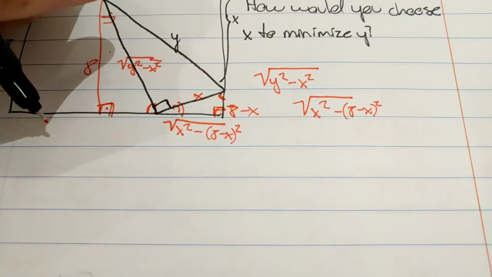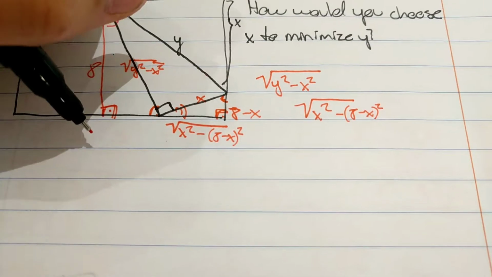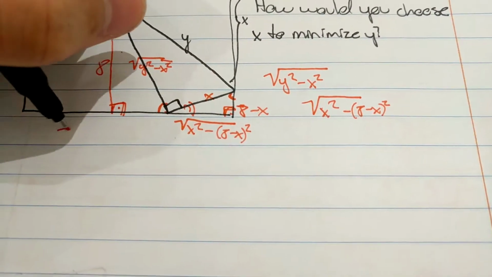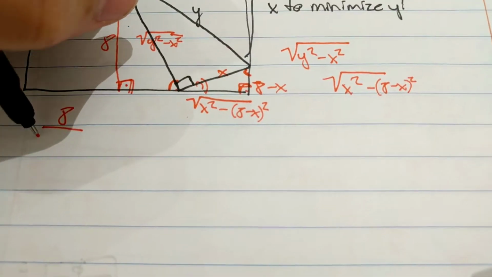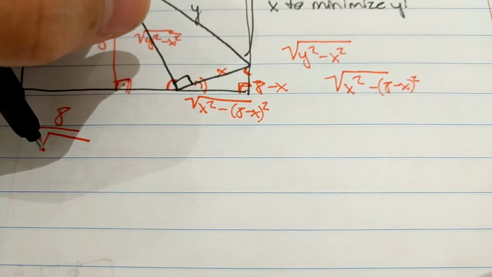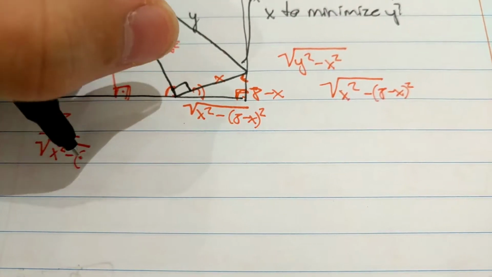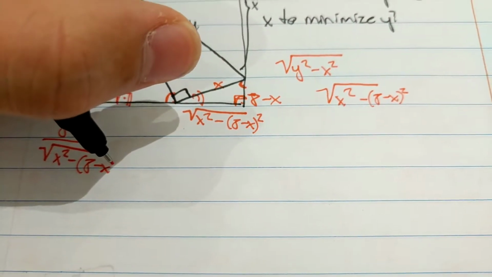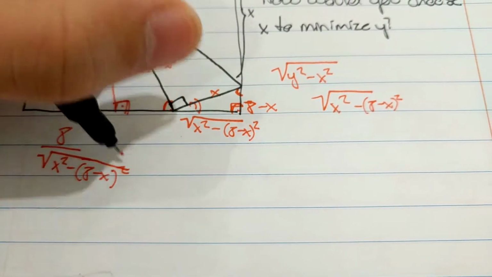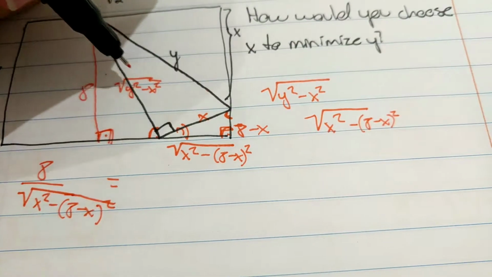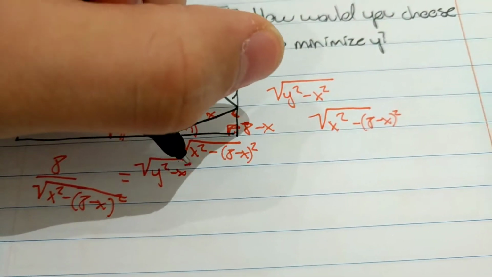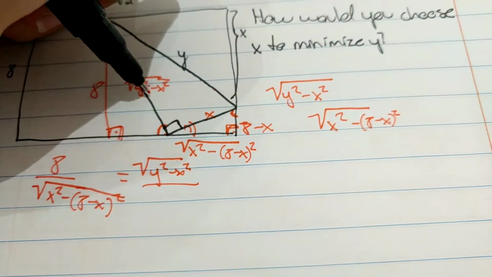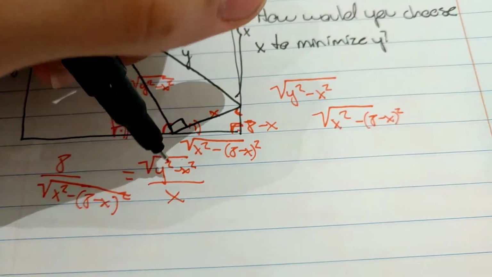I can say 8 over the square root of x squared minus (8 minus x) quantity squared equals the square root of y squared minus x squared over x, okay?